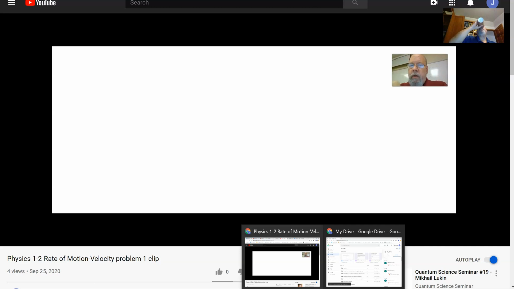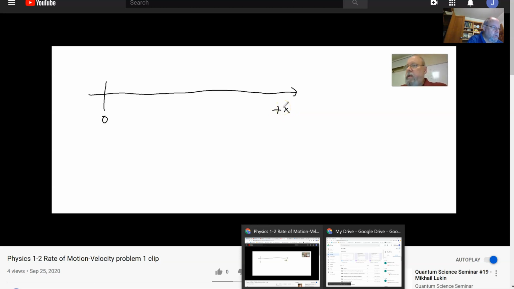Our frame of reference, for the most part, at least for one-dimensional motion, is simply going to consist of a line that designates an origin and a direction of positive x values. That's all we need to define motion. This is the context that our motion is occurring in.